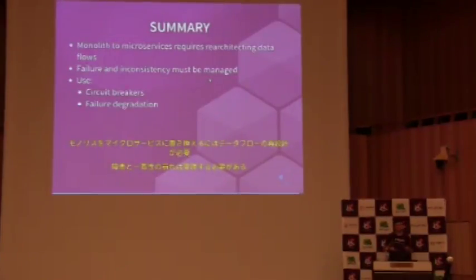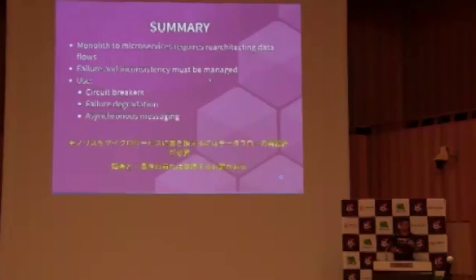We've learned about using asynchronous messaging, and this ensures that even in the face of failure, when you have a failure during an update, things can still eventually sort themselves out. And finally, we've learned how to use denormalization to ensure that the degradation impacts are limited.